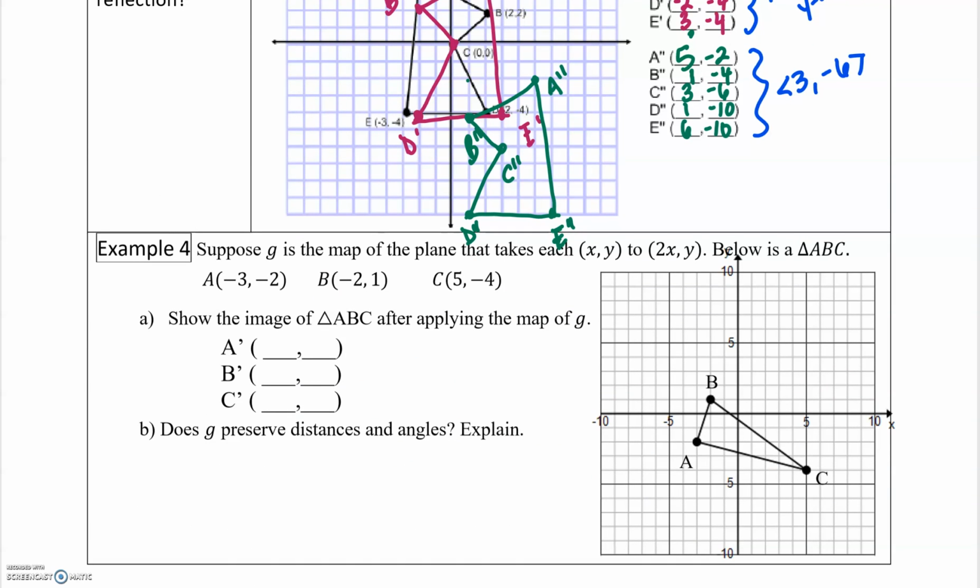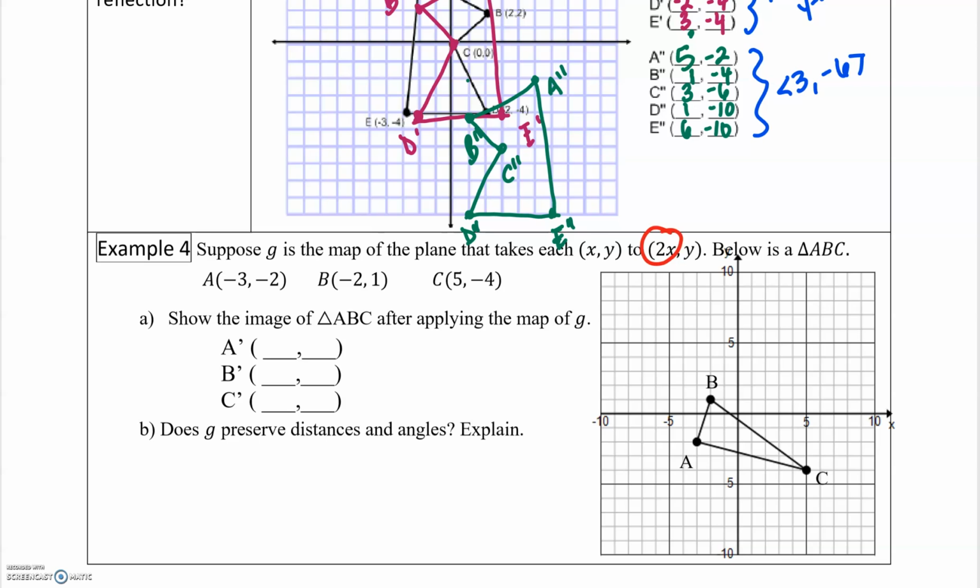So on this last one, we are looking to see what happens if we multiply, as it's saying right here, the x by 2. Is that going to change our figure, or is it just going to preserve its distances and angles and keep it the same shape?